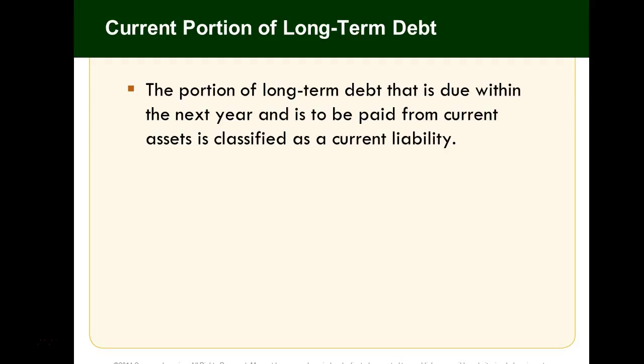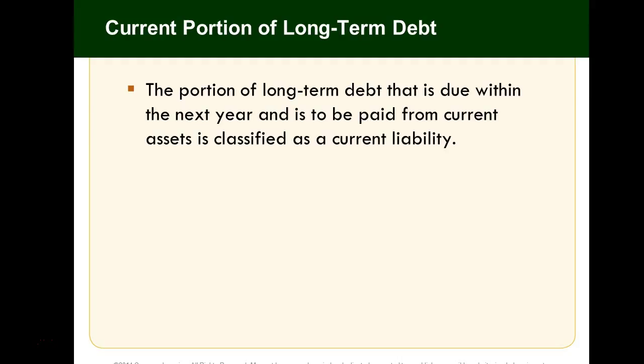A portion of long-term debt that is due within the next year and is to be paid from current assets is classified as a current liability. So remember I told you what's better, paying $100,000 in debt this year or $100,000 in 10 years? But what if $10,000 of that $100,000 due in 10 years is due this year?